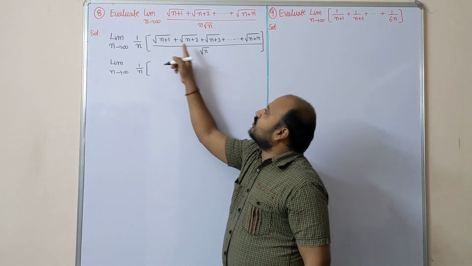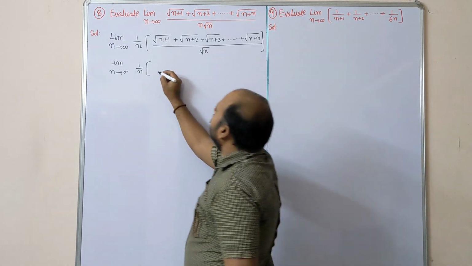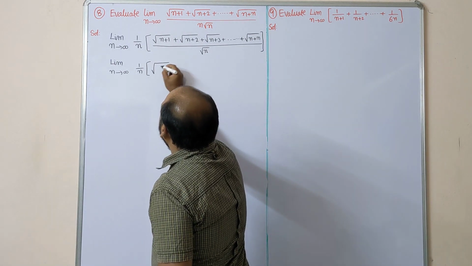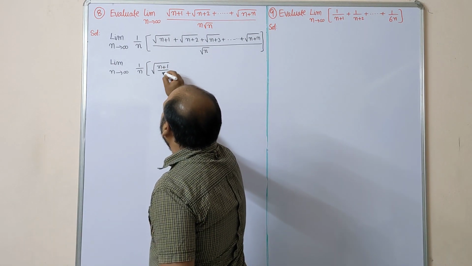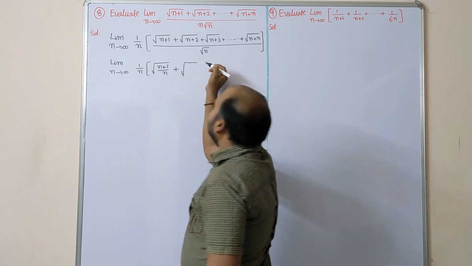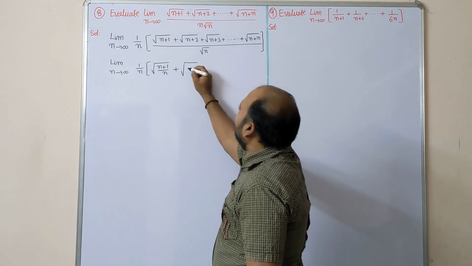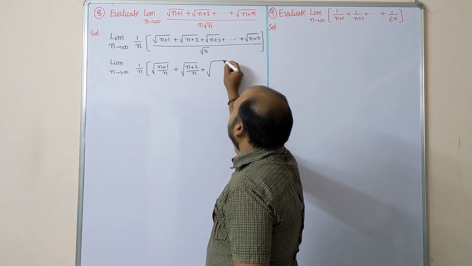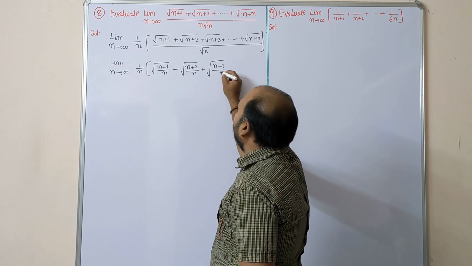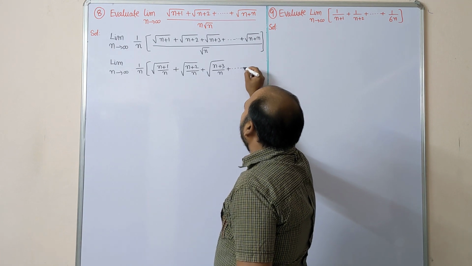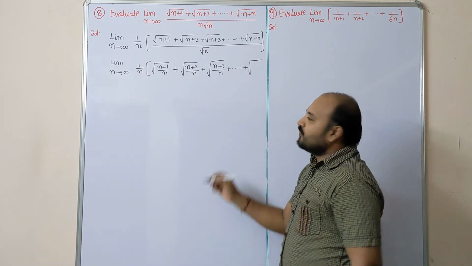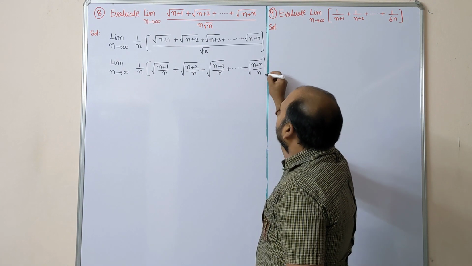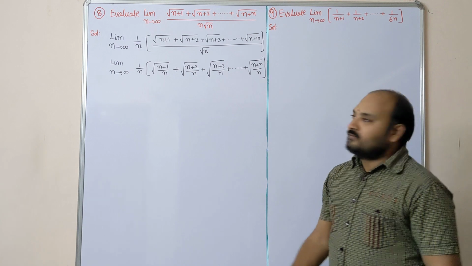So root n plus 1 by root n; we can write root a by root b as root a by b. So root of (n plus 1) divided by n, plus root of (n plus 2) divided by n, plus root of (n plus 3) divided by n, plus and so on, root of (n plus n) divided by n. I hope everyone understands.